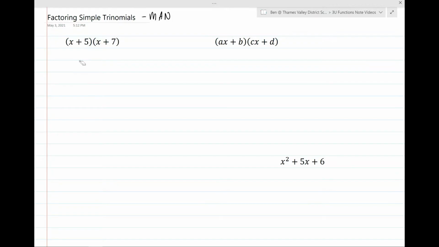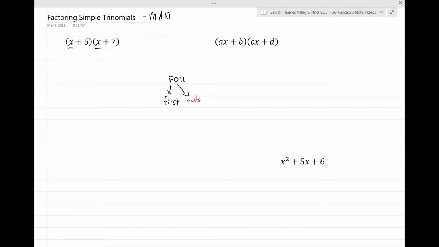We're going to expand them, and this is often referred to as the FOIL method, in which case we're taking a look at the first two terms, so the first term of each factor, and then we're going to look at the outside two terms.